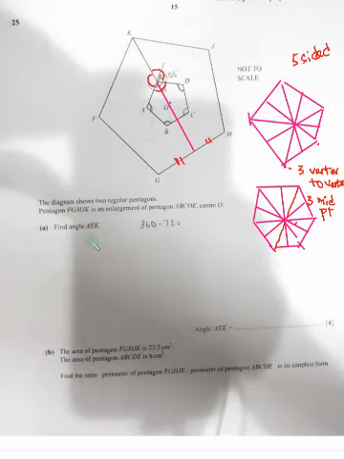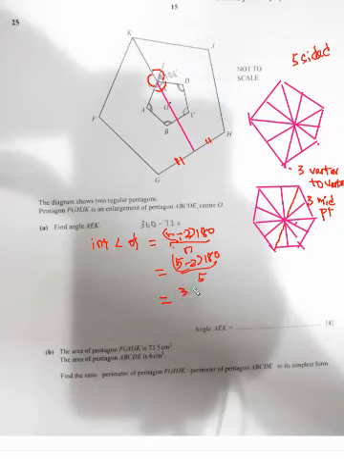So the interior angle of the smaller 5-sided regular polygon is equal to (n minus 2) times 180 divided by n. So if this is 5-sided, it's 5 minus 2, times 180 divided by 5.